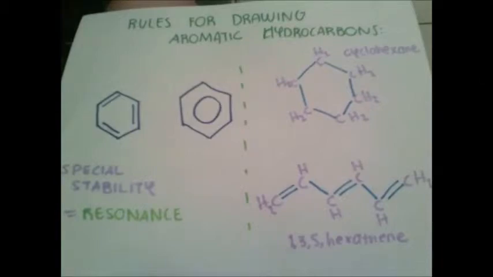Not all ring-shaped structures are aromatic, like the case of cyclohexane, which is not an aromatic hydrocarbon, but it is needed to understand its ring structure, where stability equals resonance, and this is a type of cyclic hydrocarbon.